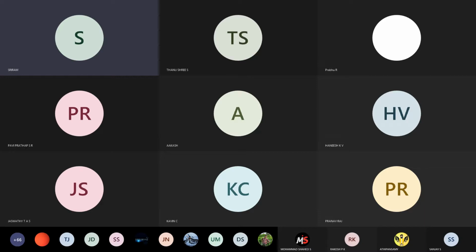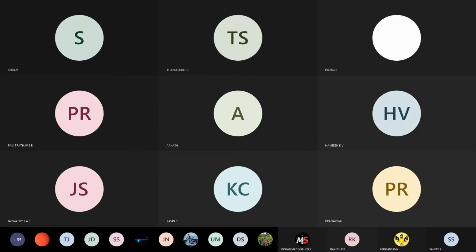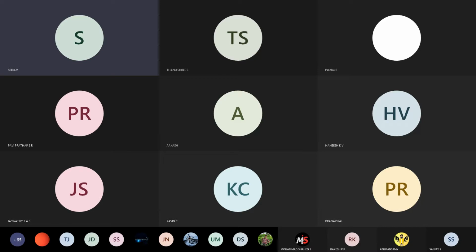Radian measurement means 180 degrees is equal to pi radians.